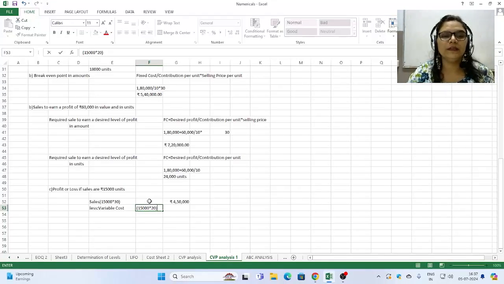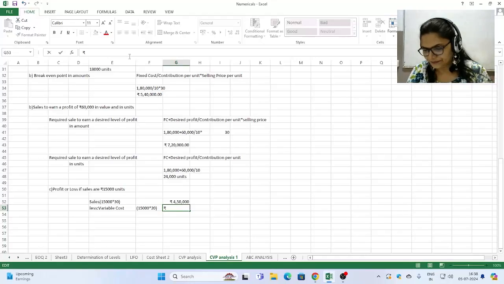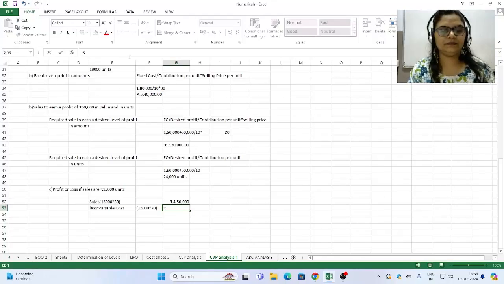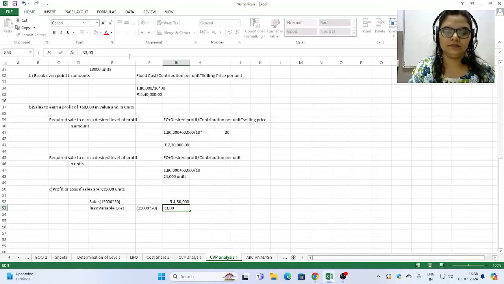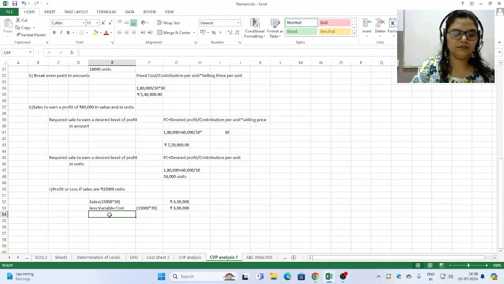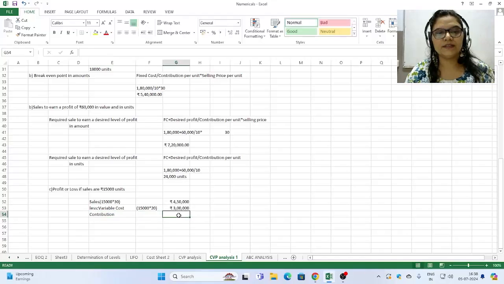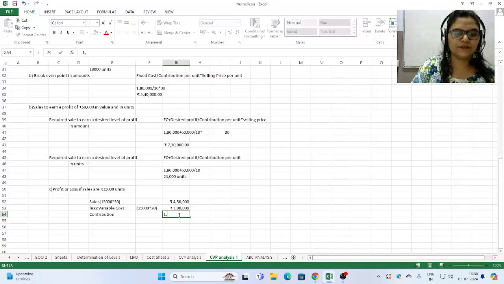So it will be rupees 3 lakh. Next is contribution. Contribution is sales minus variable cost, which will give you 1,50,000.